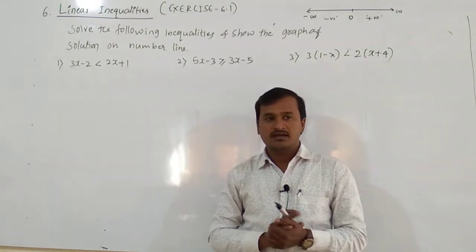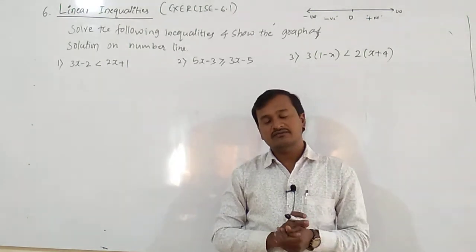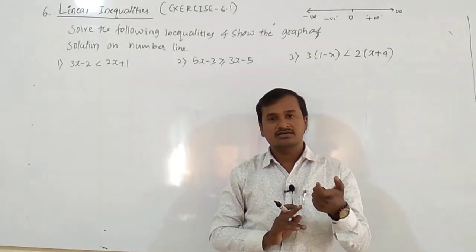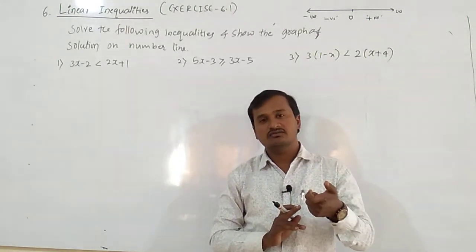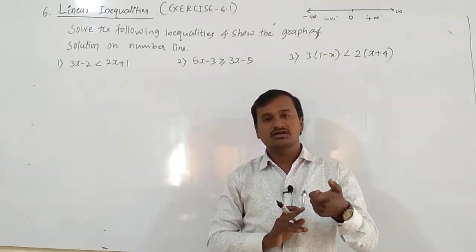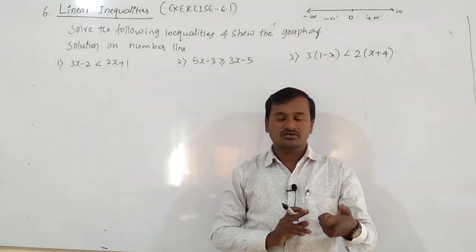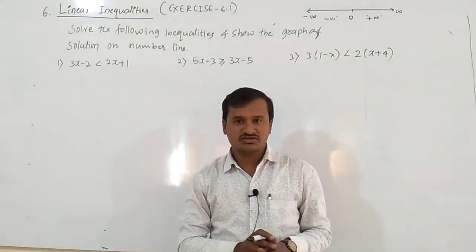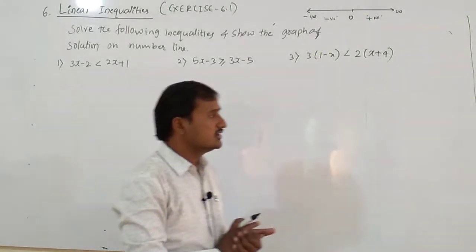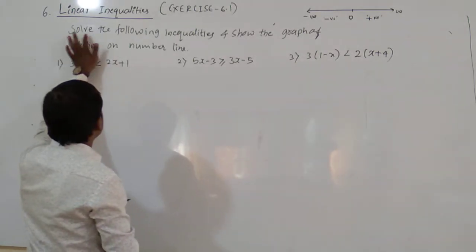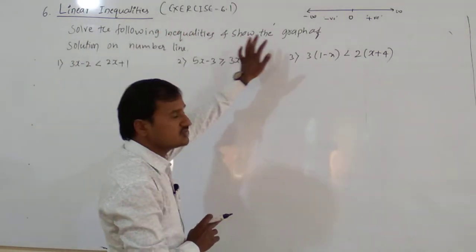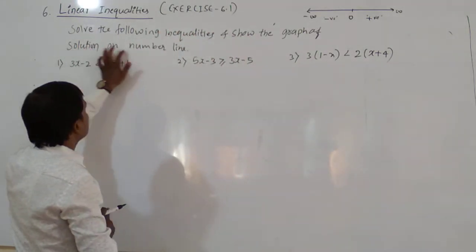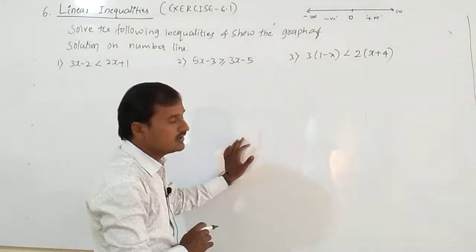Here, after solving the inequality, we will also show the solution using a number line, right? The question says, solve the following inequality and show the graph of the solution on a number line.